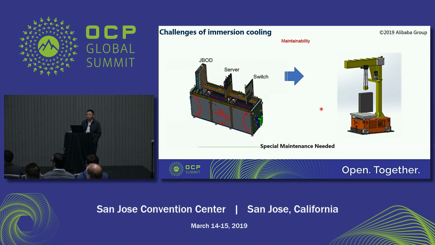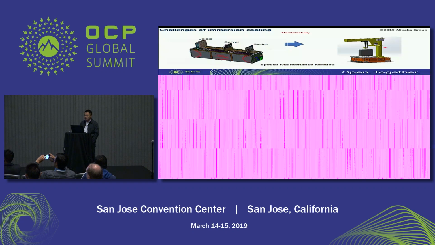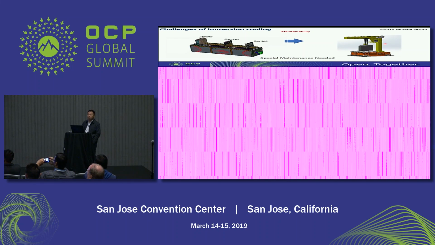Another big challenge is maintenance. We all know high-density JBOD storage is just like this. As can be seen from this picture, we have designed a mobile robot arm to assist the equipment to move up and down.